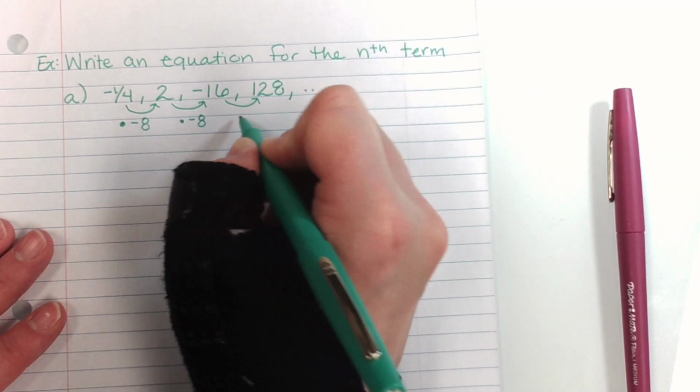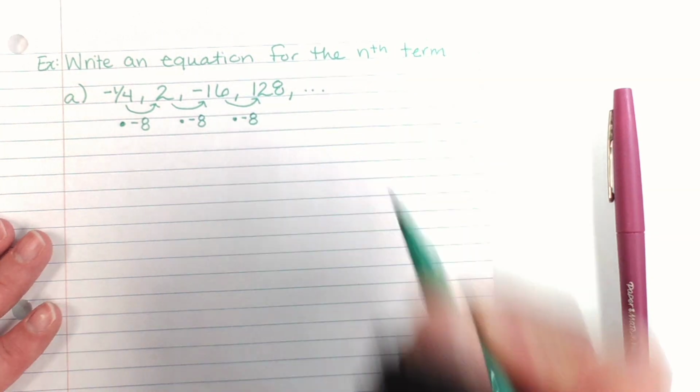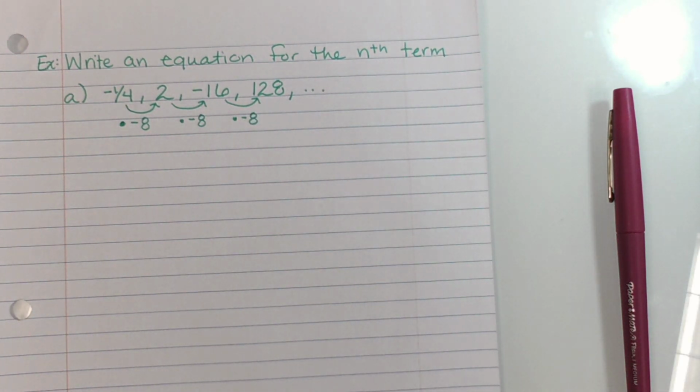Now again, if you're struggling to see it, because some patterns are easier than others, first look at how the numbers are increasing or decreasing. Do they seem to be increasing or decreasing by the same amount every time? Then look arithmetic. See what we're adding or subtracting. If the amount they're changing seems to differ, you're looking for multiplication. To figure out what you're multiplying by, divide terms going the opposite direction.